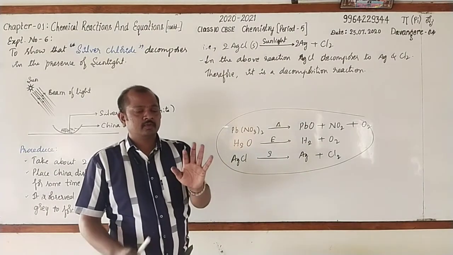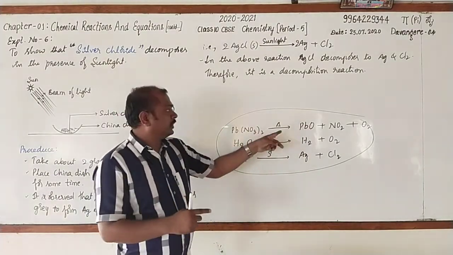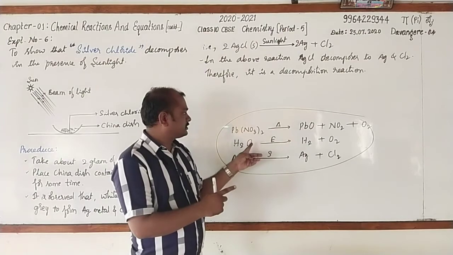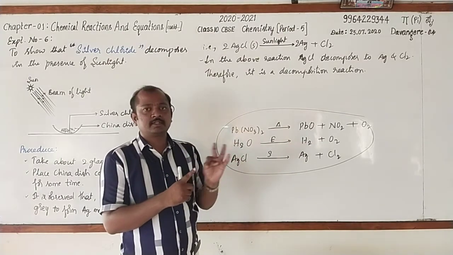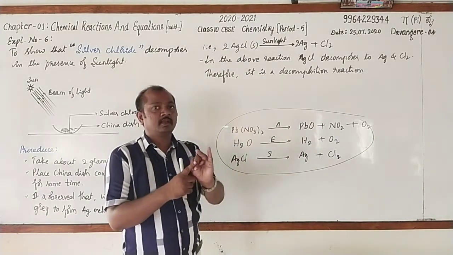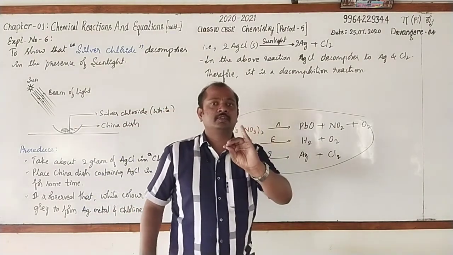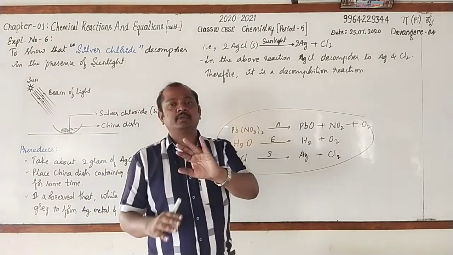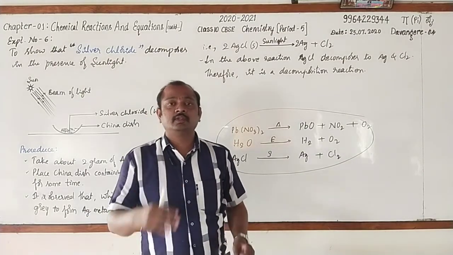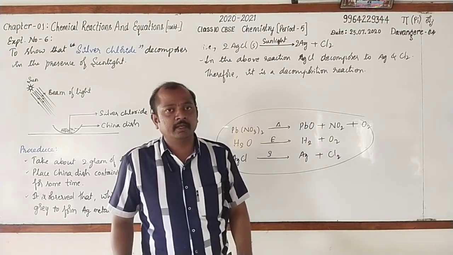Clear? So one is thermal decomposition, second one is electrolysis, third one is photolysis. Along with that, we have come to know one more, that is endothermic reactions. We shall get detailed information about these four in the next class, that is on Monday.